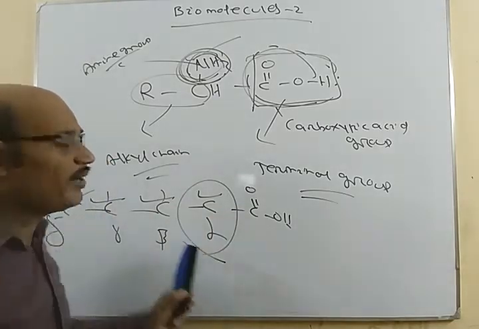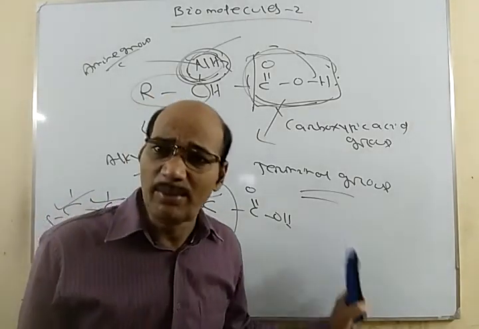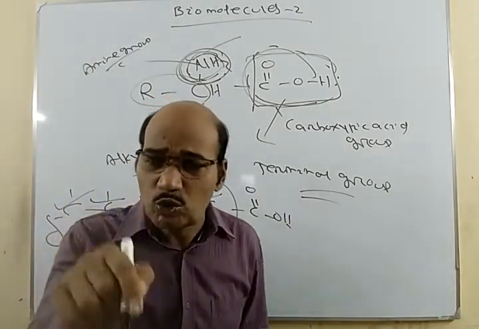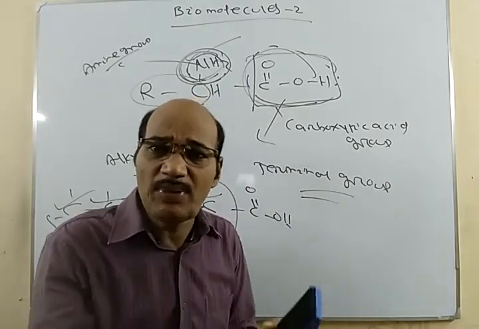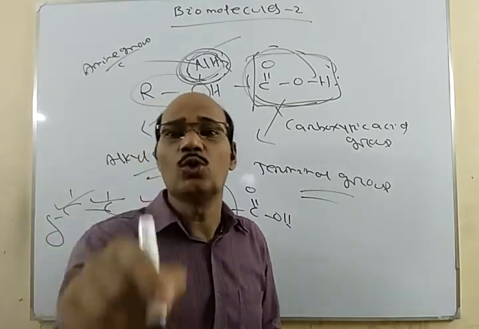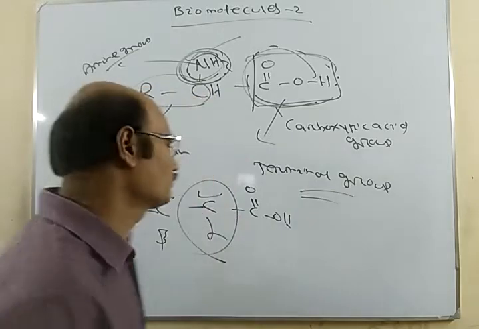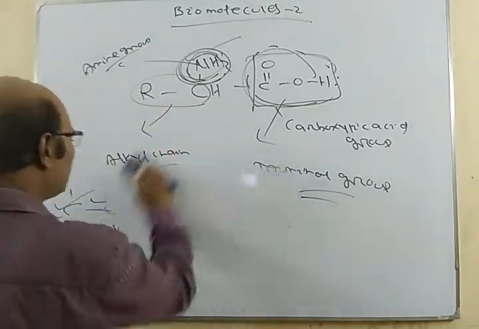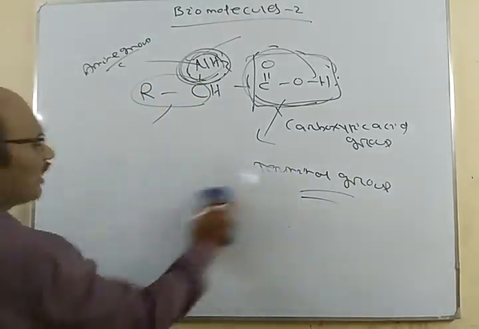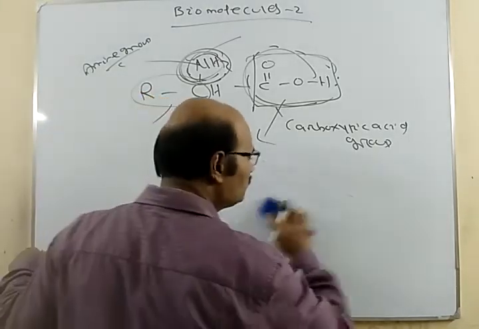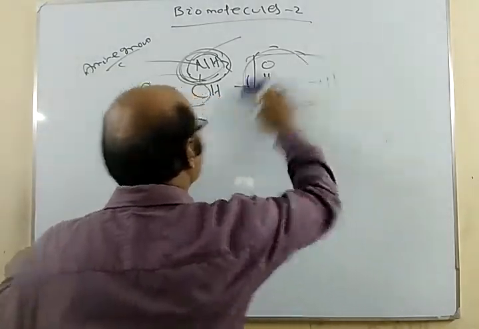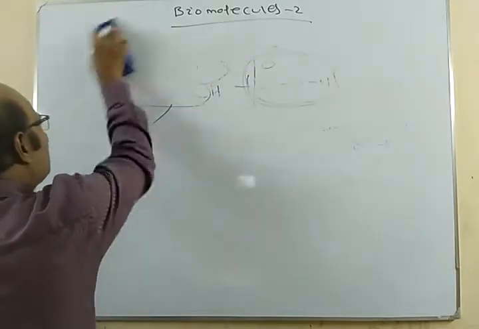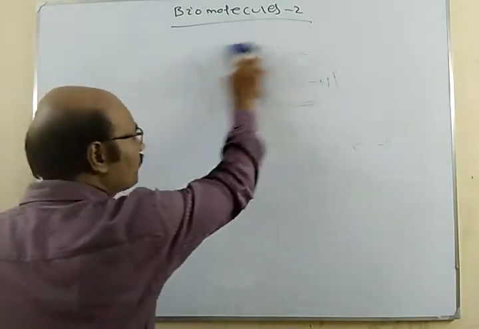Alpha amino acids are the amino acids where the NH2 group is present at the alpha carbon to the COOH group. Clear? I am repeating again. Amino acids are organic compounds that contain the COOH group and NH2 group both in the same molecule.